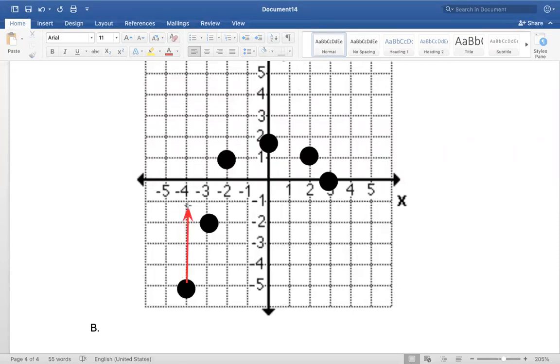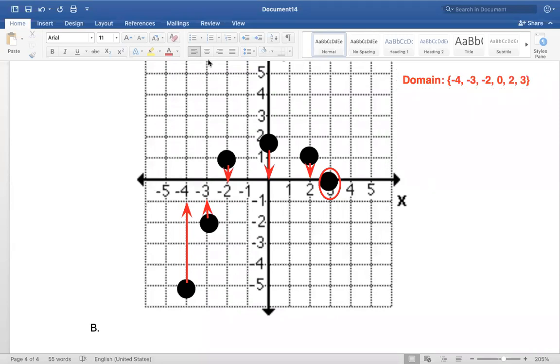I have a dot at -4, -3, -2, 0, 2, and then also at right there at 3. So that is my domain: -4, -3, -2, 0, 2, 3.